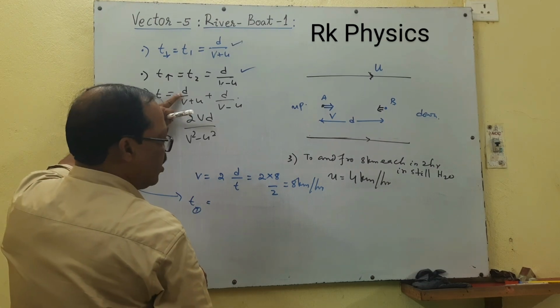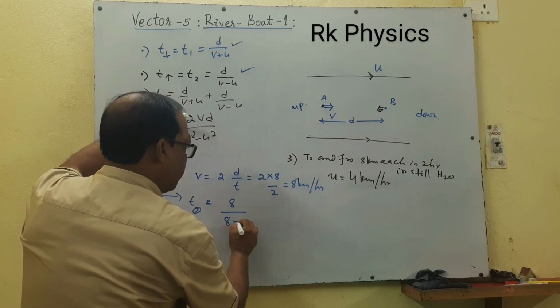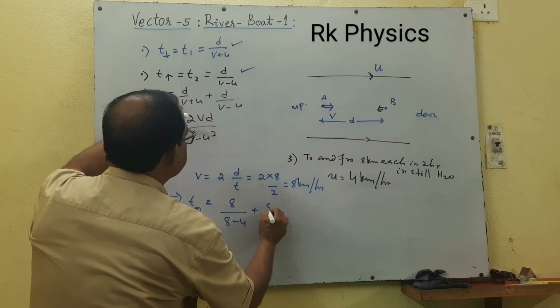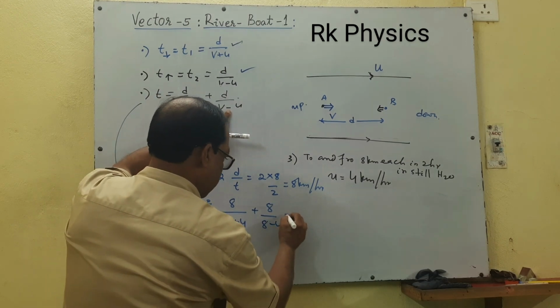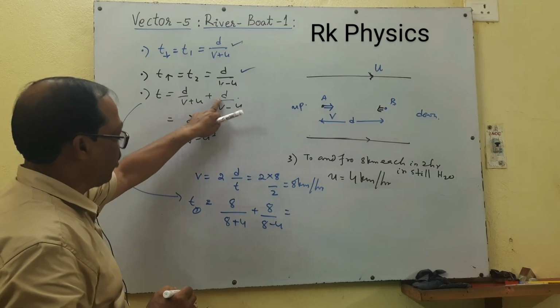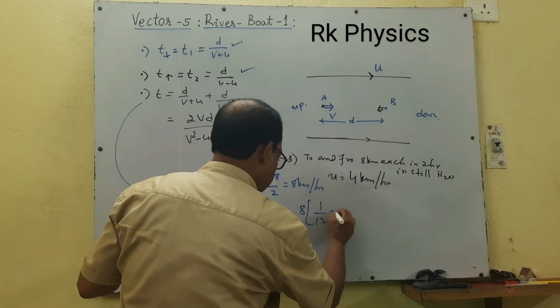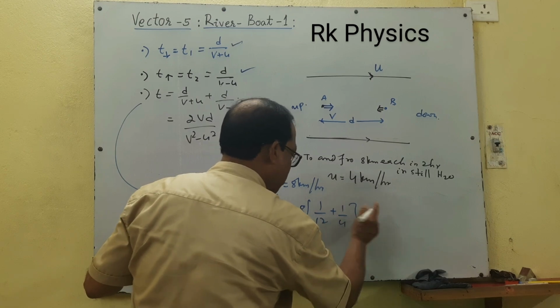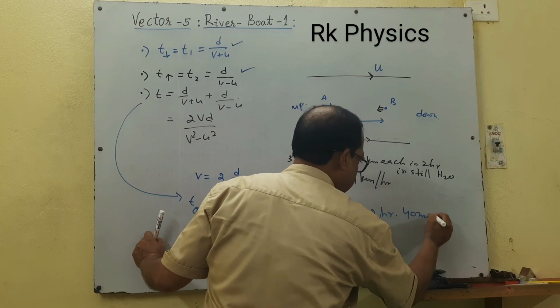Total time is D, which is 8, divided by 8 minus 4, plus 8 divided by 8 plus 4. The first one is minus, the second one is plus. You take out 8 common, 1 by 4 plus 1 by 12. If you solve it, you will get the answer of 2 hours 40 minutes.